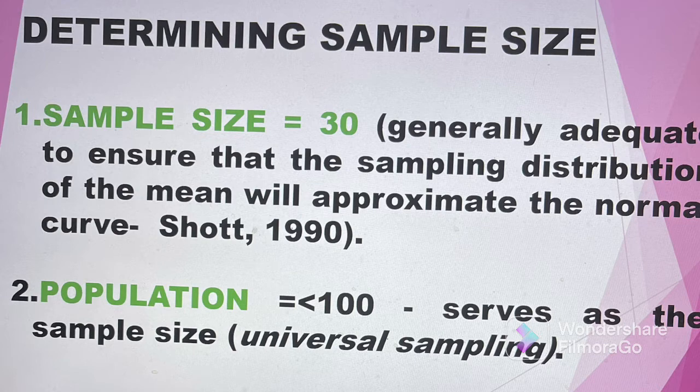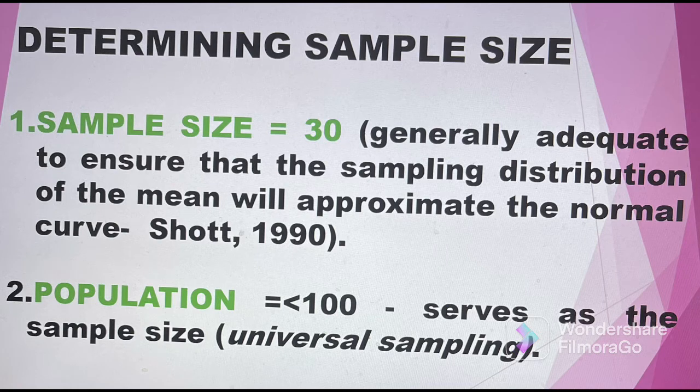Next, when your target population is equal to or less than 100, you can make all of them your sample size. Meaning P is equivalent to S. The parameter is equivalent to the statistic when the entire population is only equal to or less than 100.